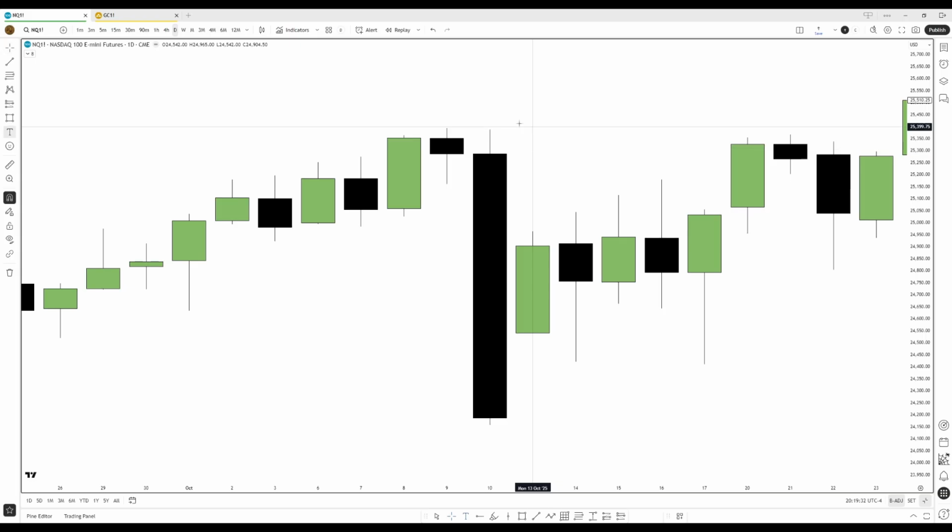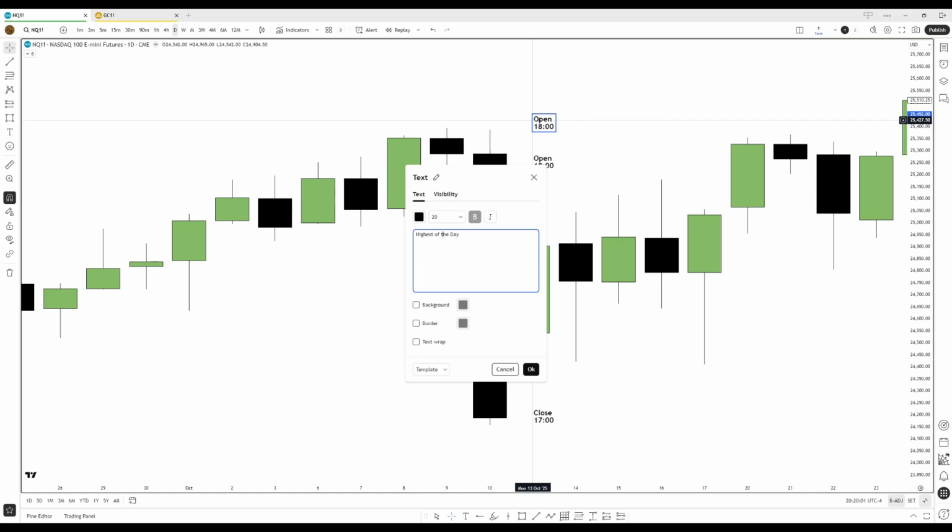And what time does this open? 1800. Perfect. So if this is the open, what is this? Close, 1700. Perfect. So what about this point up here? Highest price of the day.